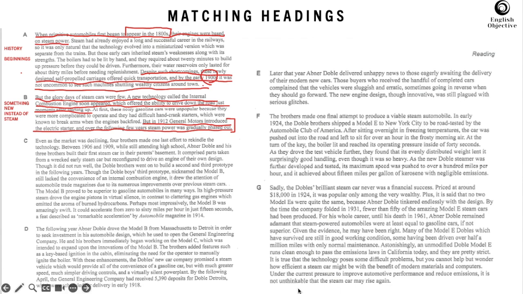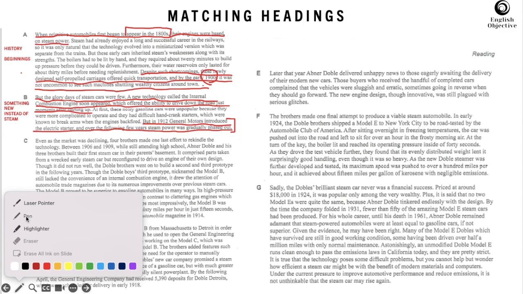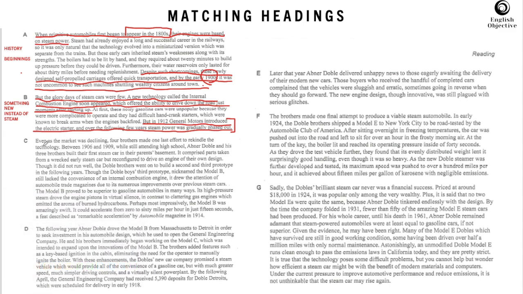Let's continue skimming the next paragraph. So, as we said before, 2-3 lines at the beginning and 2-3 lines at the end. Even as the market was declining, four brothers made one last effort to rekindle the technology. Okay, so they tried to improve the steam car.